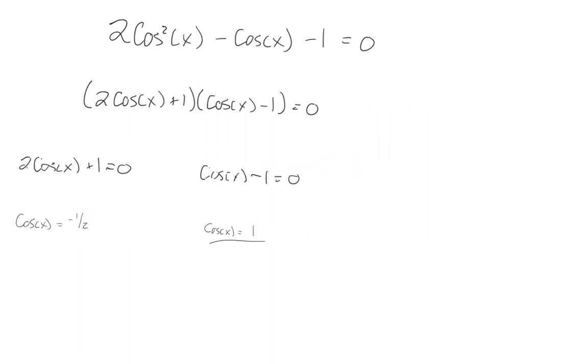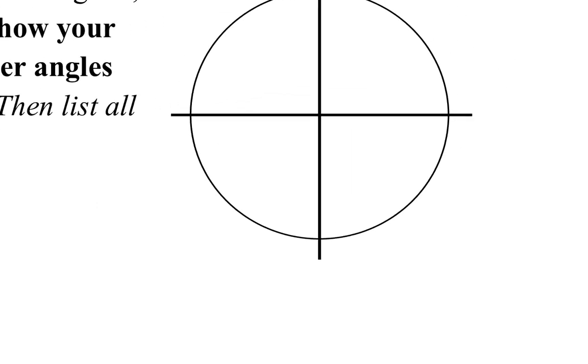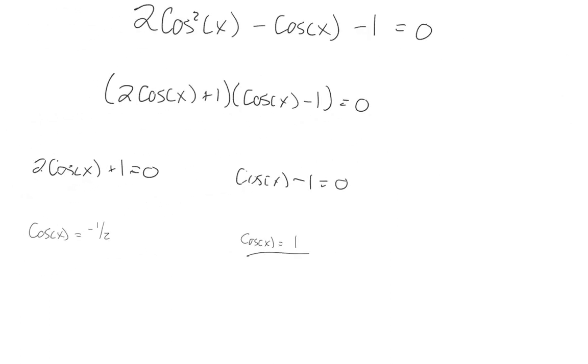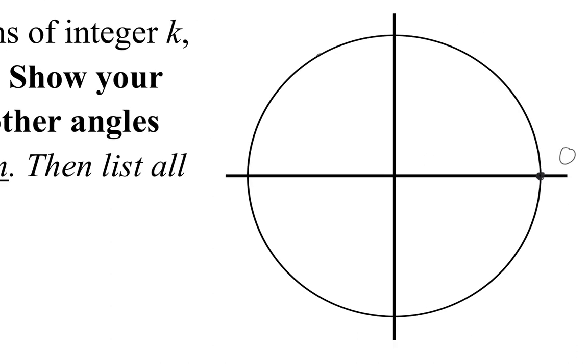Now, +1 happens exactly here at this point of 0 radians. There's not really another point that we can carry that to that would have the same value. And then cosine is -1/2. It's going to occur here and here. These values are 2 pi over 3 radians, and this way is 4 pi over 3.